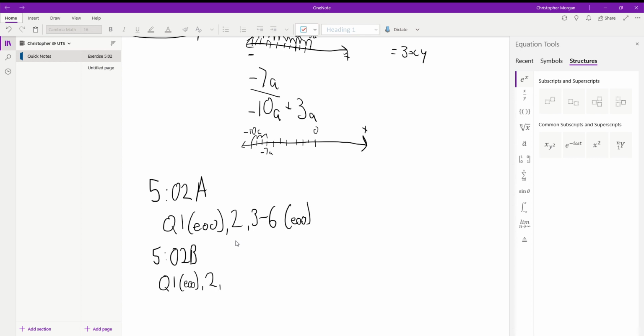Again, we will do all of question 2. And then we will do questions 3 to 5, and I only want you to do the first column. Okay, that is one of the worst C's I've ever done, but hopefully it's not too bad.